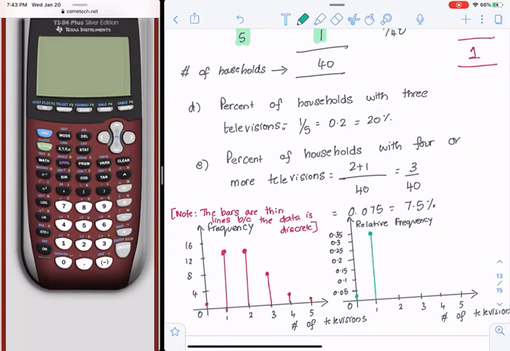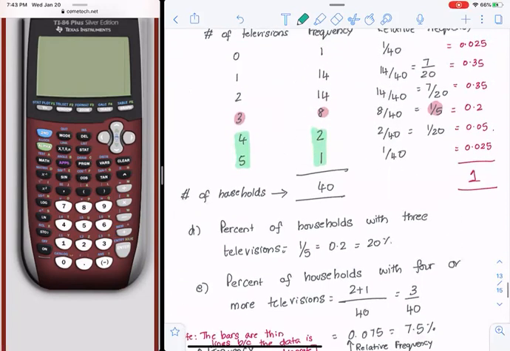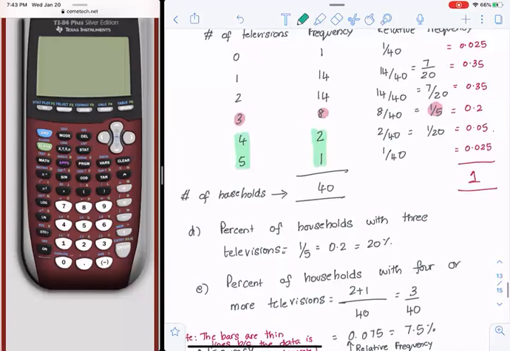The same is for 2 televisions. For 3 televisions, the number of households with 3 televisions is 0.2.